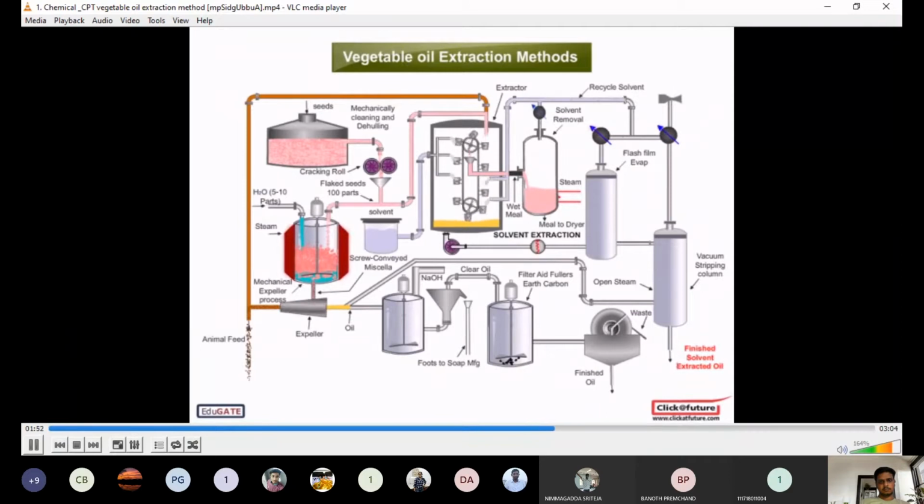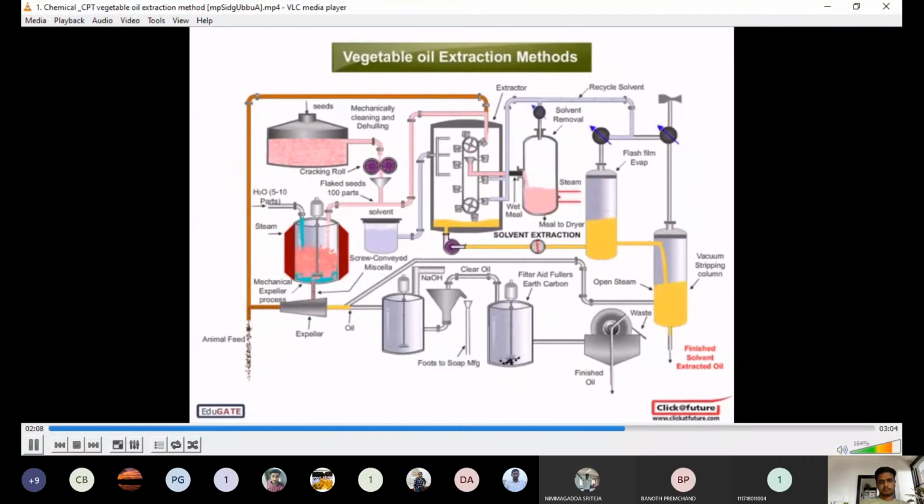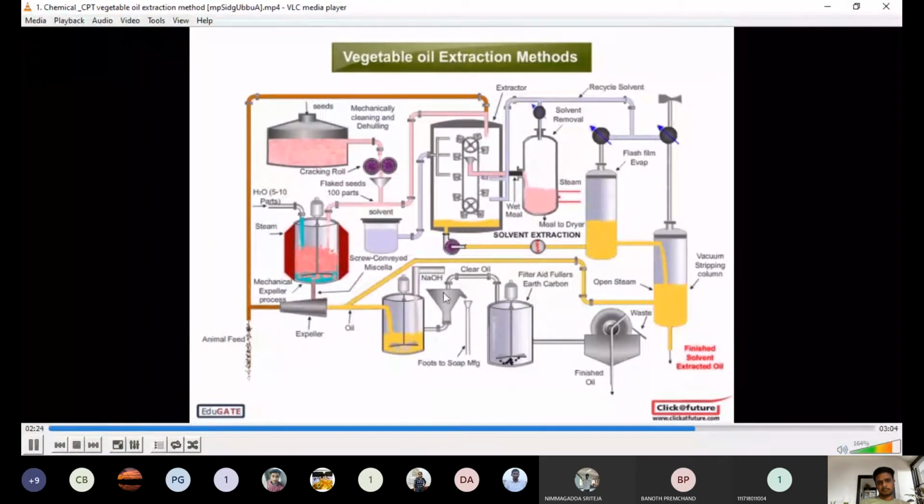From the extractor, impure oil with water and solvent passes to the film evaporator. In the evaporator, it separates oil from water and solvent. Then it goes to the vacuum stripper where it again separates the oil from solvent, which comes in a minute quantity, by adding steam. In the purification process, oil that comes from the expeller and solvent extractor is introduced in the mixer settler for alkylation.